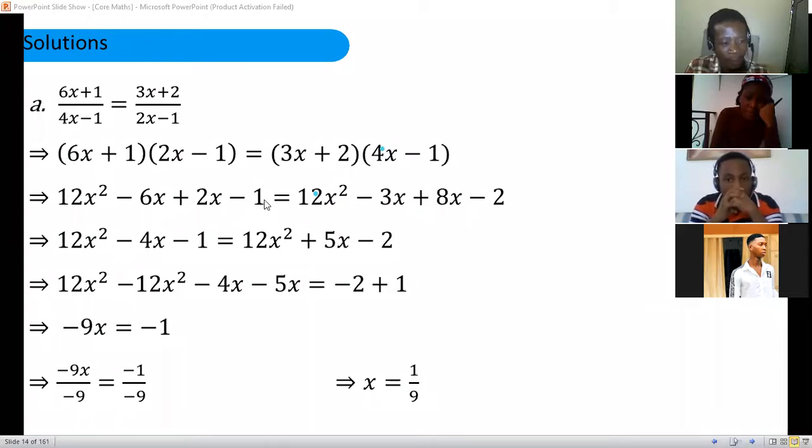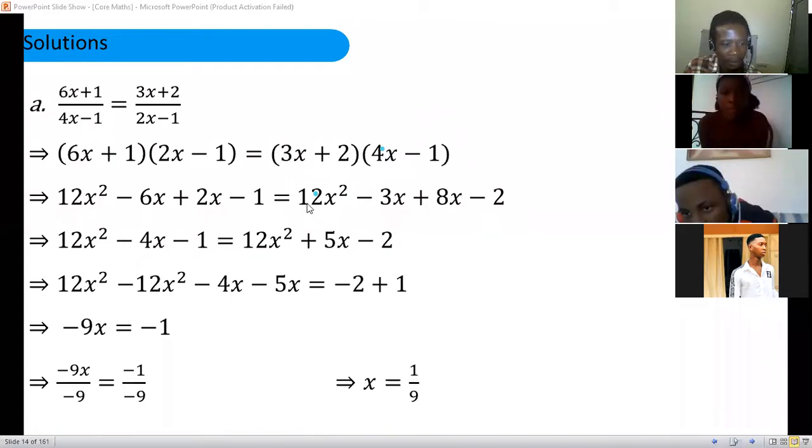Then we move on to the right-hand side. That is 3x. We take the first term of the first bracket to multiply through the terms of the second bracket. So we're going to have 3x times 4x will give us 12x squared. Then 3x times minus 1 will give us minus 3x.